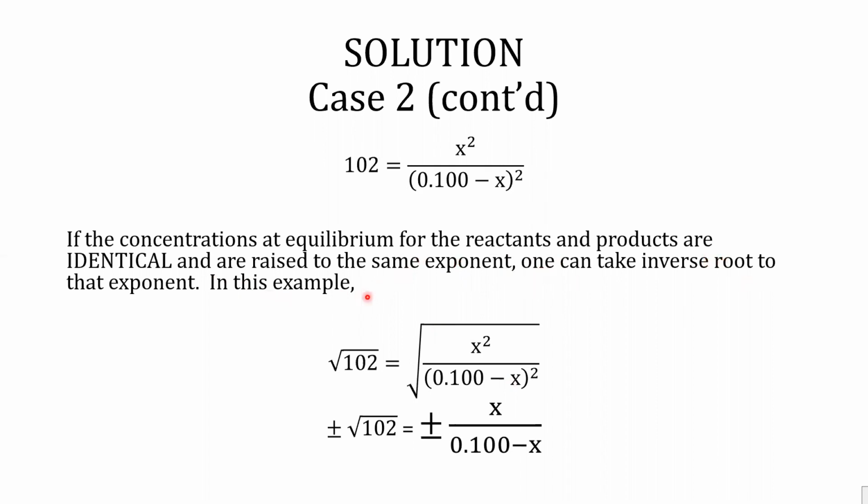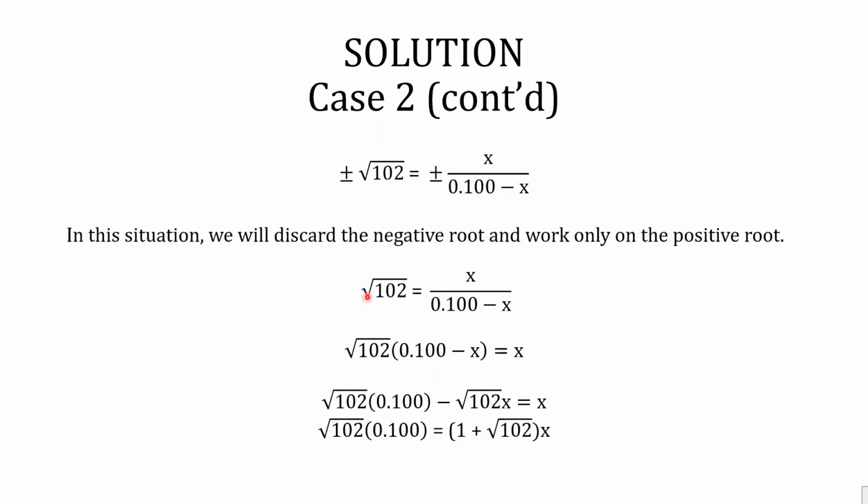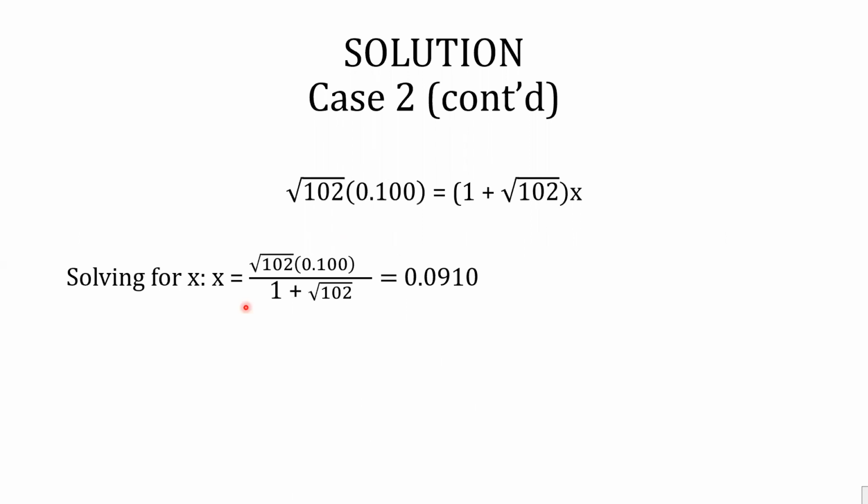In this example shown, if we take the square root on both sides, after some rearranging and solving for X, we will only be solving for the positive, which in this case, X equals 0.0910.